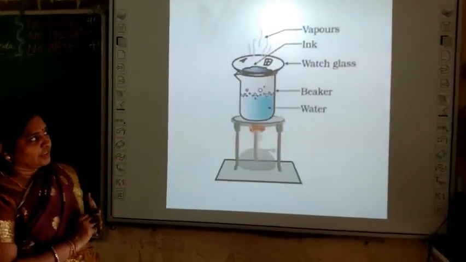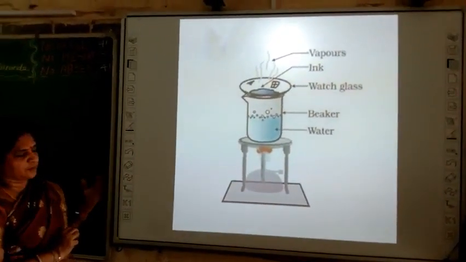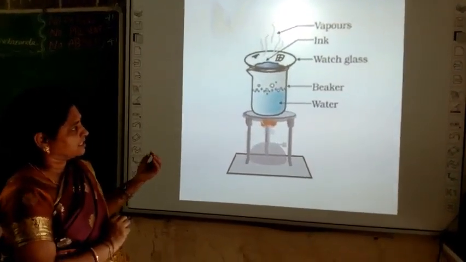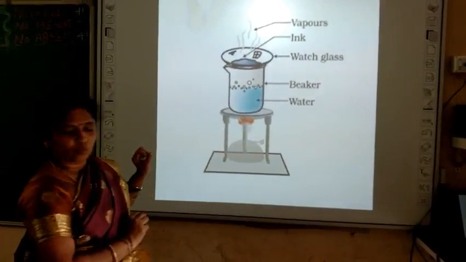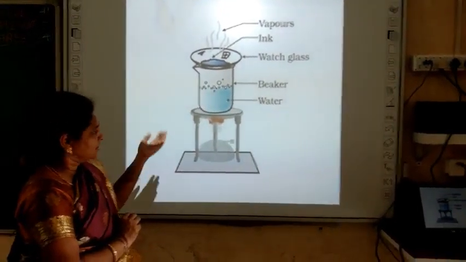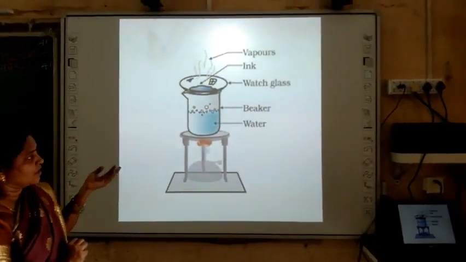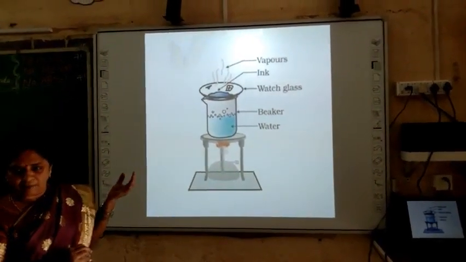What do you see in these pictures? This is one experiment. What do we do in the experiment? Here, water is in the beaker. The water is heated by a lamp. When the water reaches 100 degrees Celsius, water will vaporize.